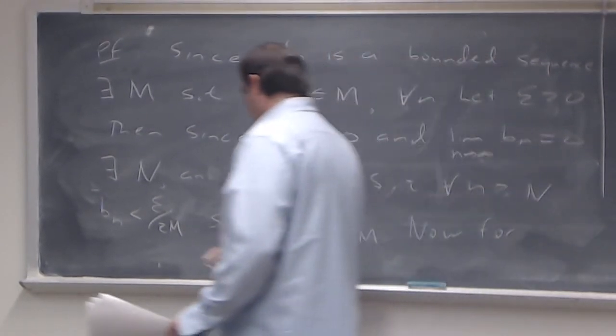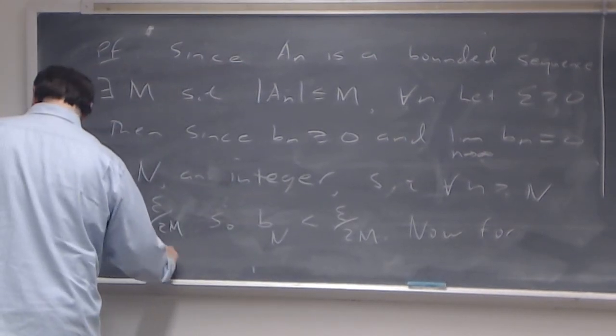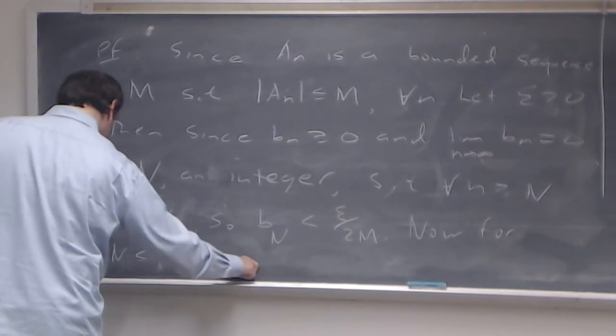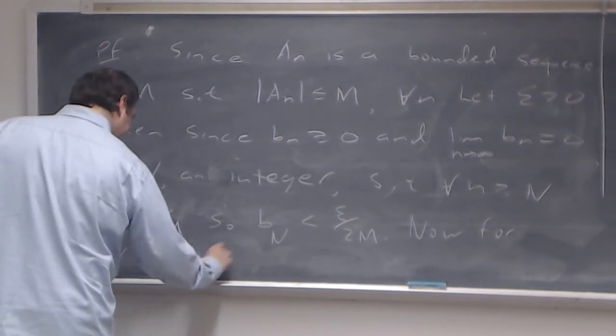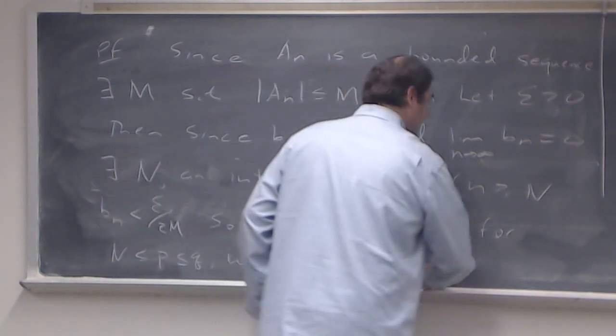Now, for p that's bigger than big N, but less than q, we have, and here's where I start using the previous theorem.